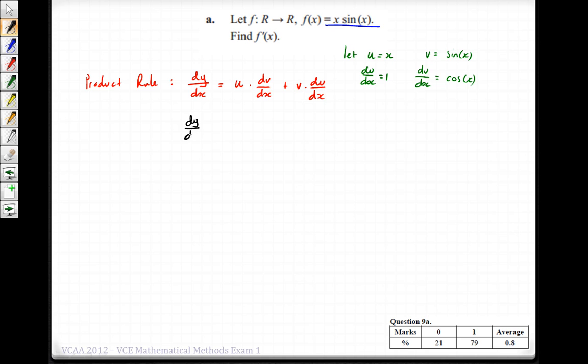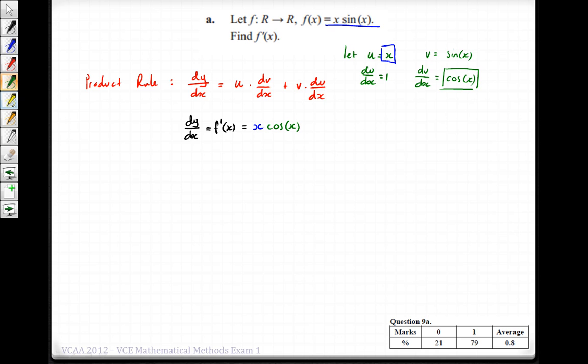So dy dx is our f dashed x in this case. And that's going to be equal to u, so u was just x. And then we multiply that by dv dx, so cos x.